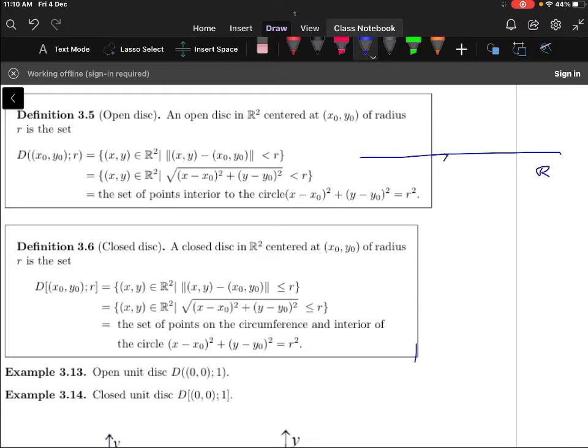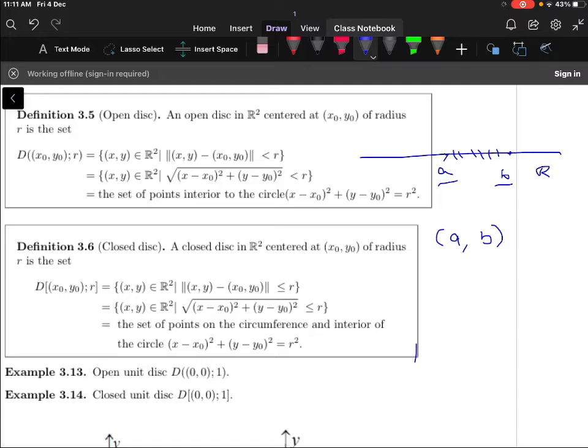So take 2 points A and B. The open interval AB can be represented by ordered pair A comma B. So the open interval AB is a set containing the elements of the real line from A to B, all the points from A to B, but excluding A and B. That is called open interval in the real line.